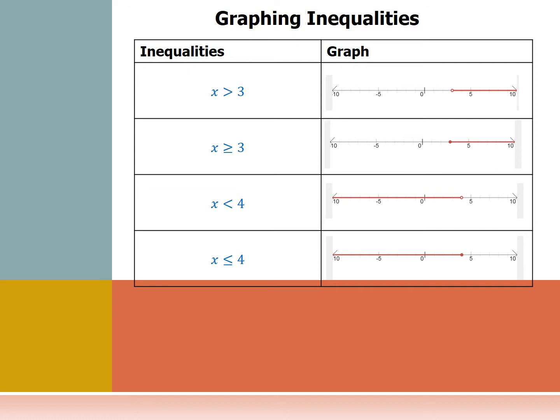So x is less than 4, it means 3 2 1 0 and any number between them, etc. We start graphing from number 4 with an open circle because we don't have an equality sign here, going down to the left. For x less than or equal to 4, we have the equality sign here, so starting with number 4 but with a closed circle.